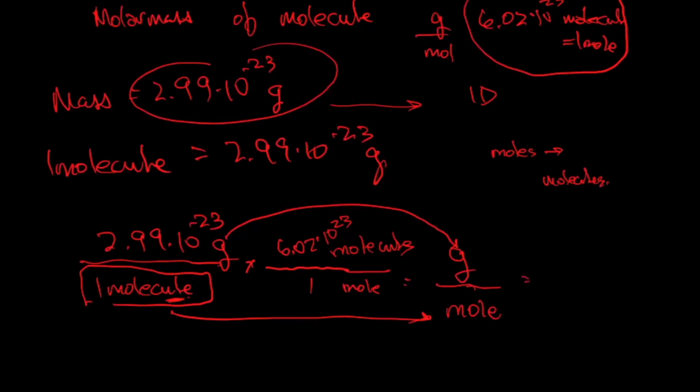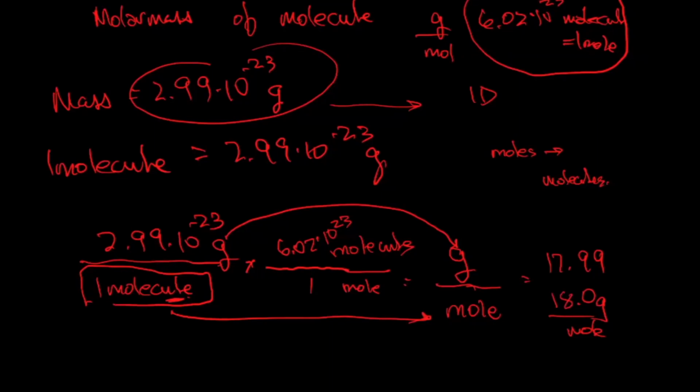You guys should get 17.99 or 18.0 grams per mole. If you're not getting that, then I need to show you how to use your calculator, okay? If you're not getting that, then something is wrong. You're not using your calculator correctly. And that's a tough part, and we need to get you straightened out on that.